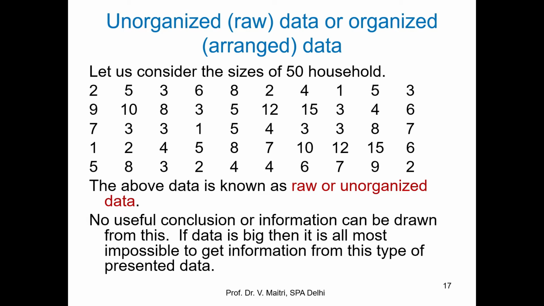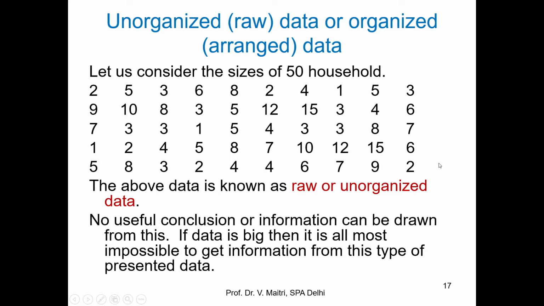Let's say we have just collected data on 50 households, the size of the households: 2, 5, 3, 6, like that. There are 10 values in a row, and 5 rows, so there are 50 data values. We are inputting this in an unorganized manner.